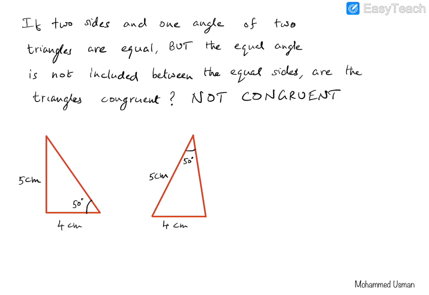Okay, so what we can say is that this is the case where we have sides and an angle equal. So this is the SSA rule. We can call this side side angle. Similarly, we can call this side side angle. So this is SSA, or we can also write this as angle side side.